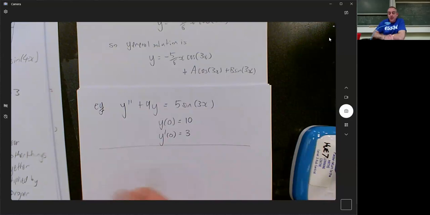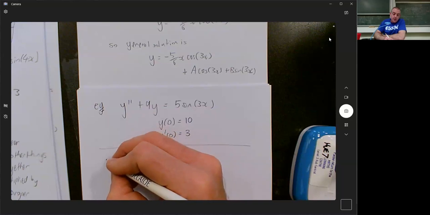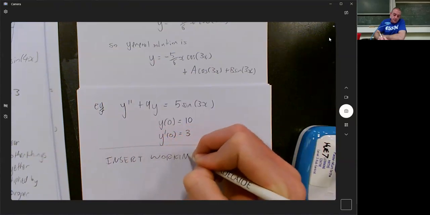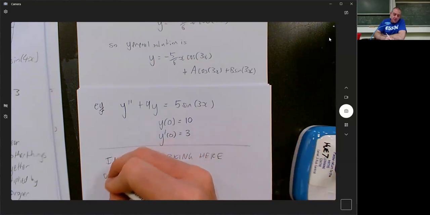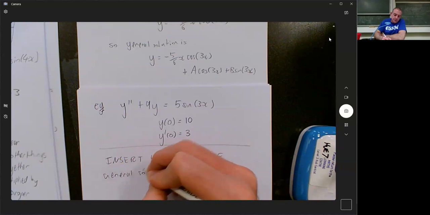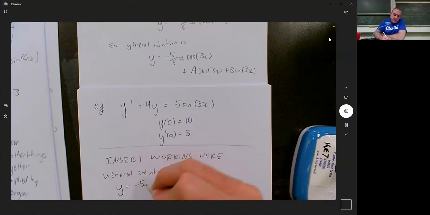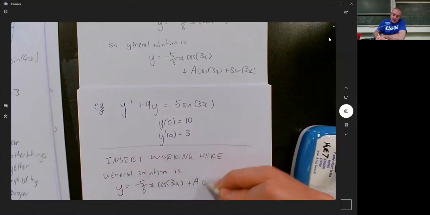Well, we've already done the bit where we solved this without the conditions. And so we know the general solution is y equals minus 5/6 of x cos 3x plus a cos of 3x plus b sine of 3x.